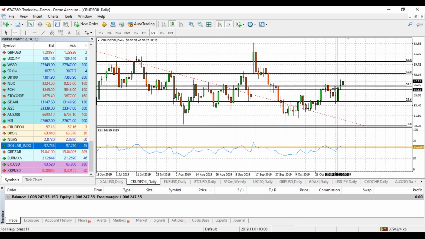We see a lot of consolidation from resistance to support, from support back to resistance. Now we've seen a breakout. Where the breakout has taken place currently, as you can see, this is a Fibonacci retracement indicator.